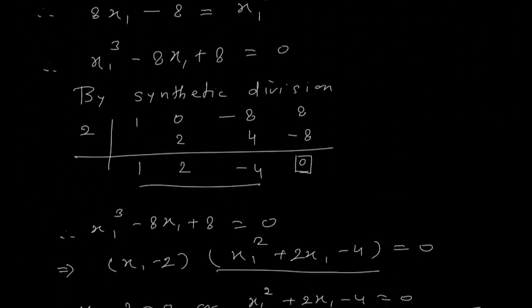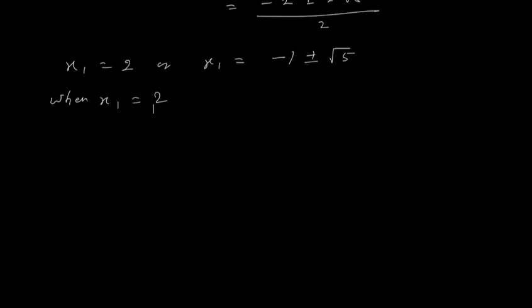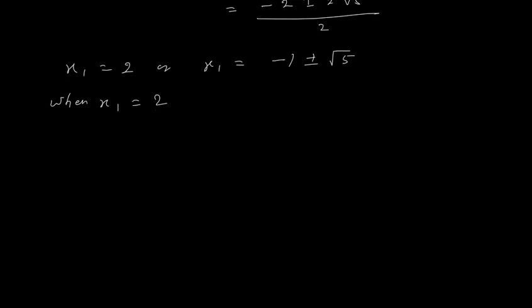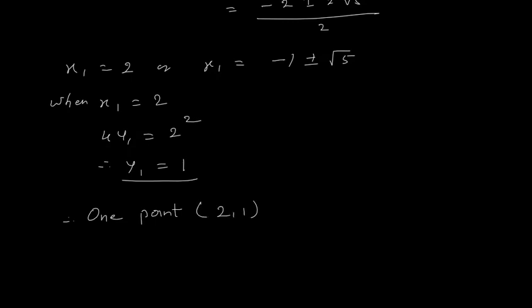So 4y1 equal to x1 square, that is 2 square. So therefore y1 equal to 4 upon 4 is 1. So therefore one point where the normal touches or cuts the curve is 2, 1.